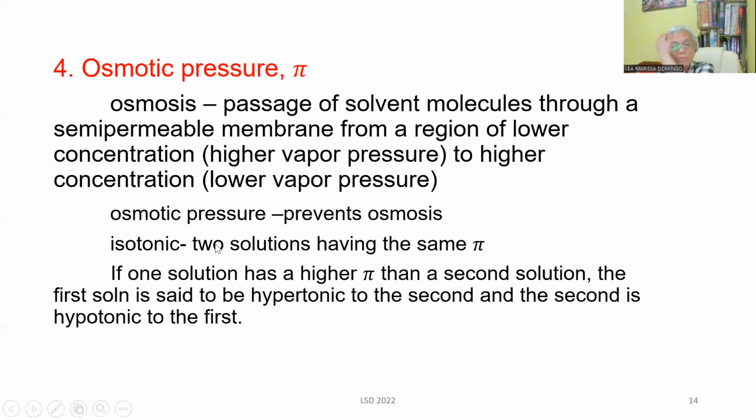Two solutions having the same osmotic pressure are called isotonic. Suppose there is one solution with a higher osmotic pressure than a second solution. The first solution, which has a higher osmotic pressure, is said to be hypertonic to the second. And the second one, which has a lower osmotic pressure, is said to be hypotonic to the first.